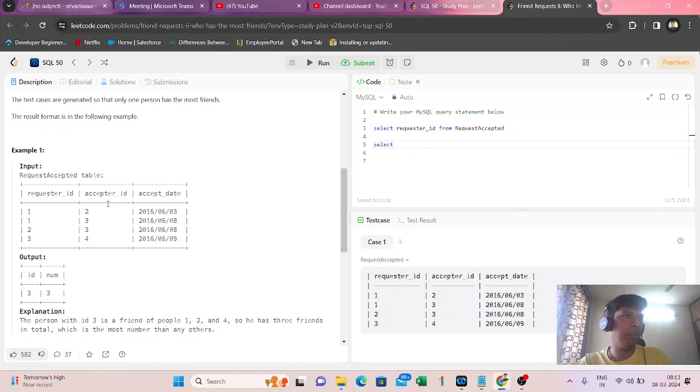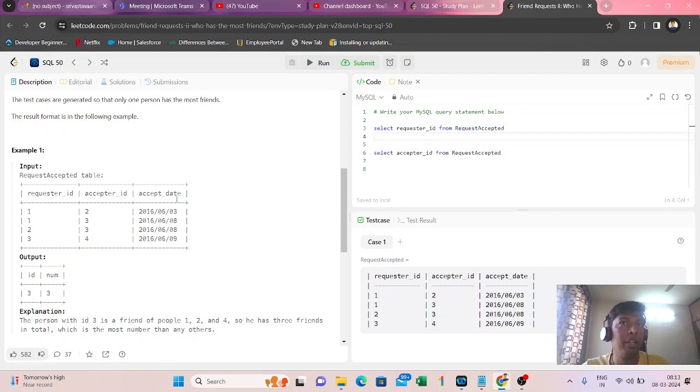Select, I will copy it from here so that I don't make any mistake again. Select acceptor ID from... Okay. Now how will we combine these two tables? See, the number of columns is the same and the data type of the columns is the same, so union or union all.